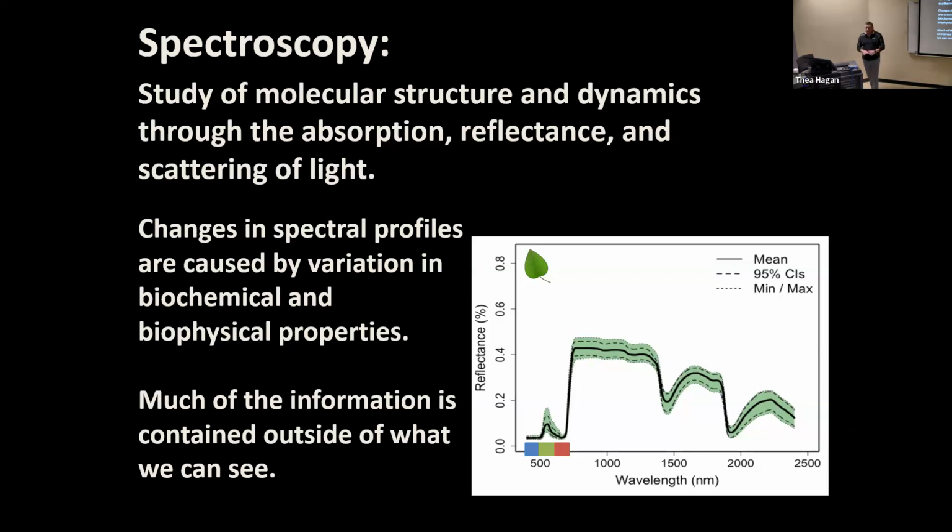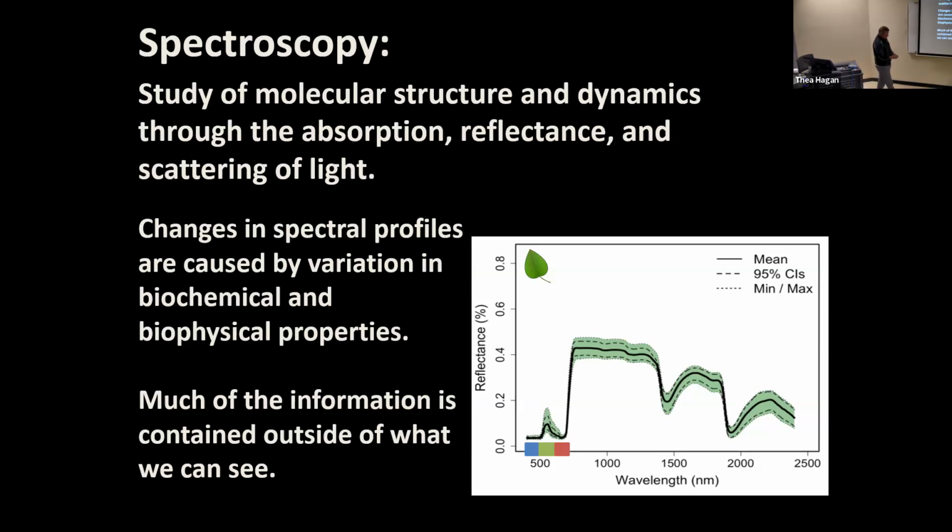Now, it's been used in geology forever. And at the brass tacks, it's just the way light interacts with the substrate, right? And you can pull information from that about vegetation. And if you look, this profile is what a green reflectance profile looks like. This is from fresh living tissue.